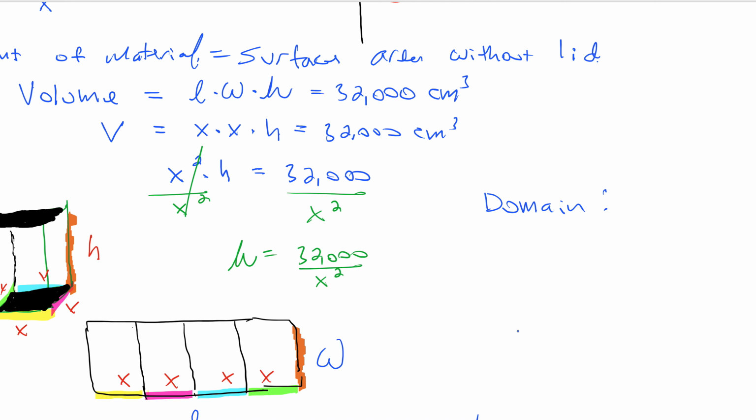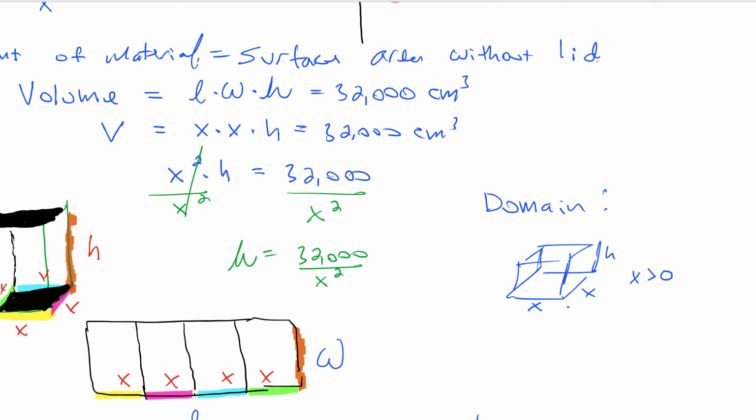So we know that the volume is, we know that this is the same thing. Can we draw it again? We know that no matter what, this is X and this is X, and this is our height. So we know that X has to be greater than 0.